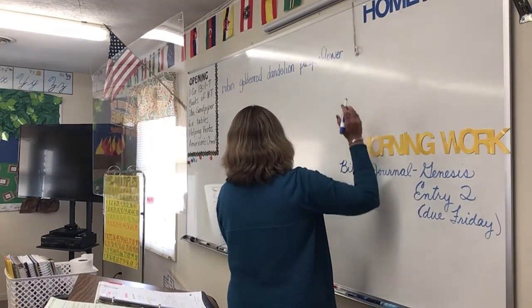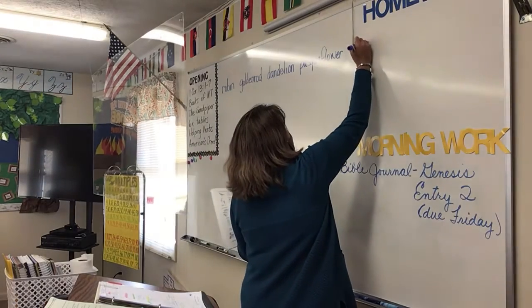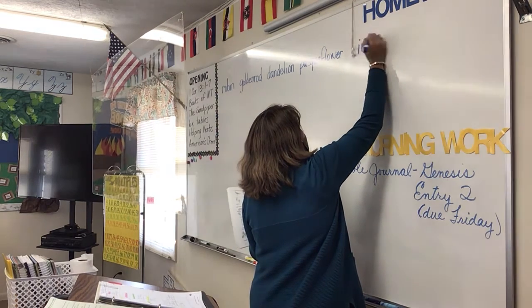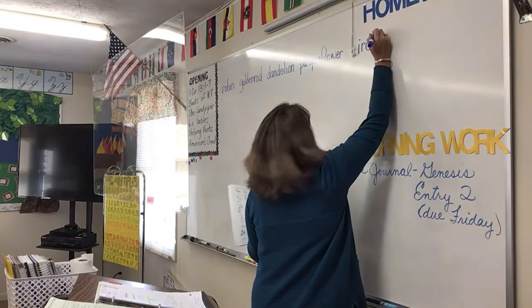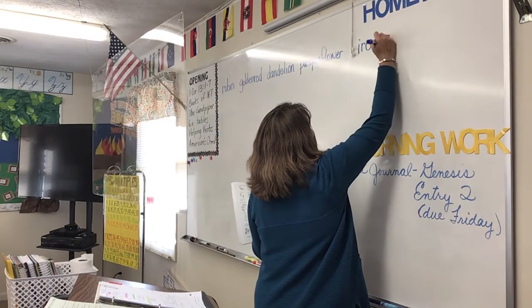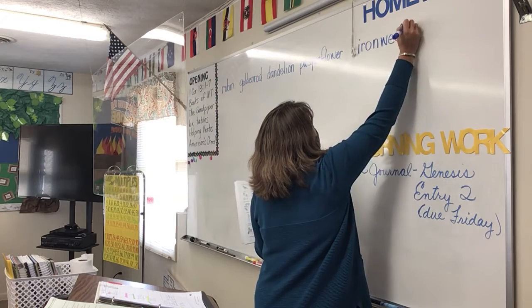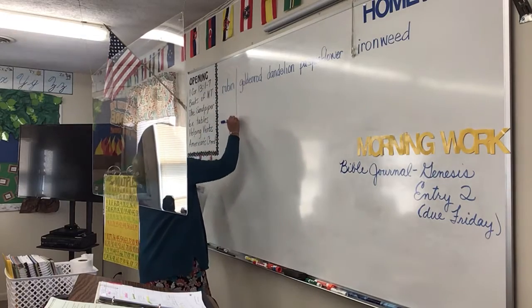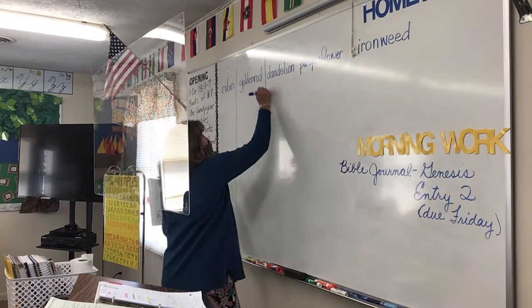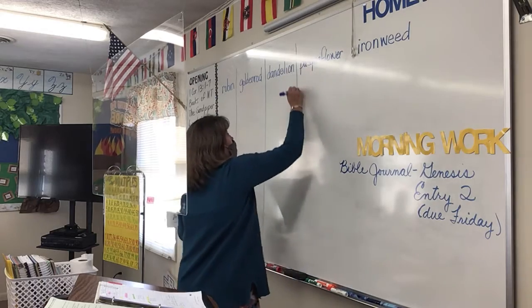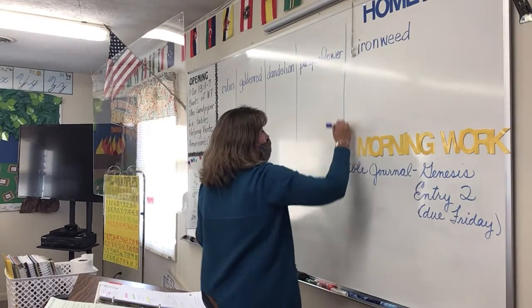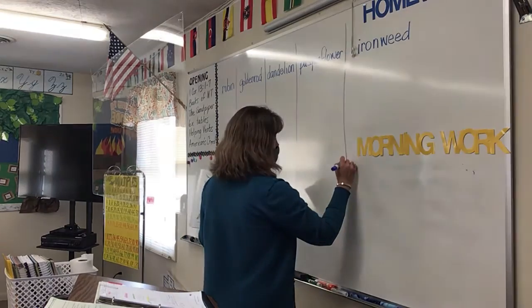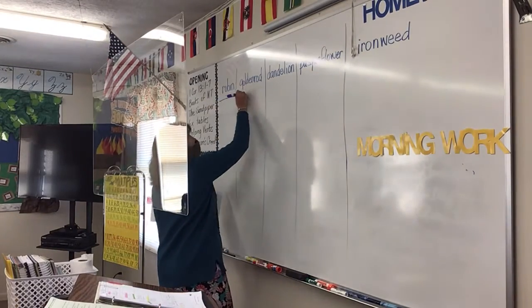What's that last one called? So second row, what's the first thing in the second row?